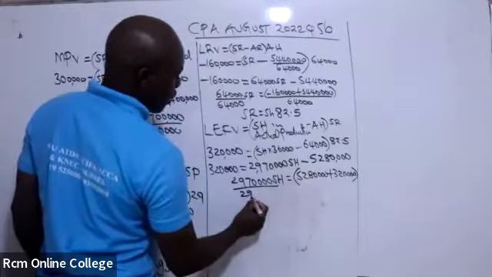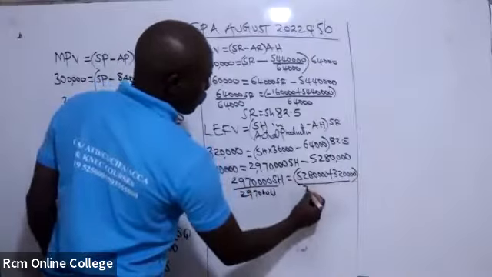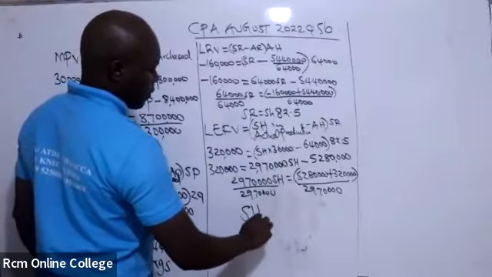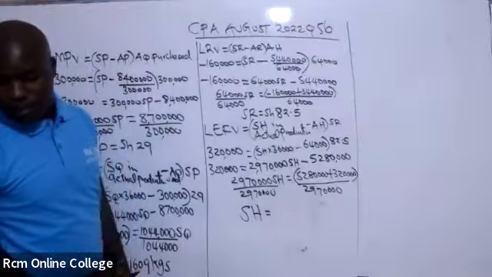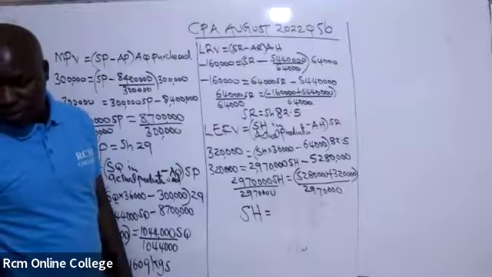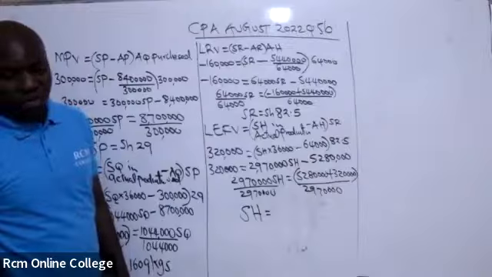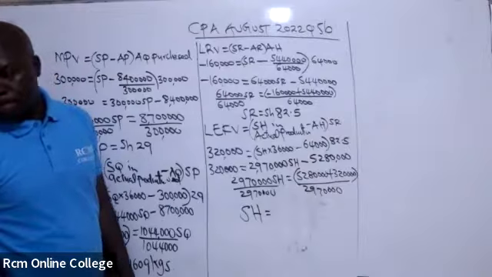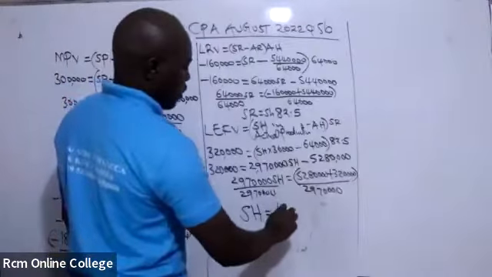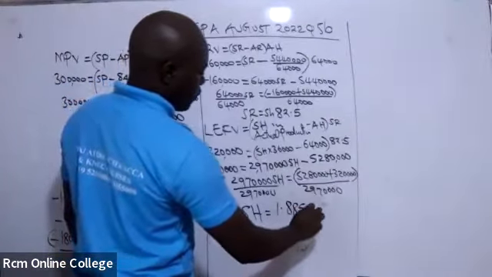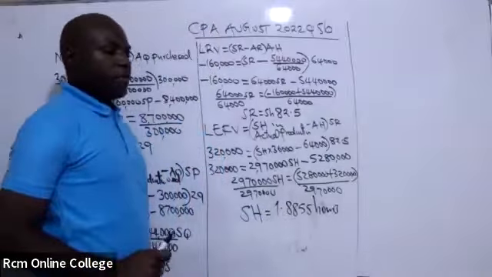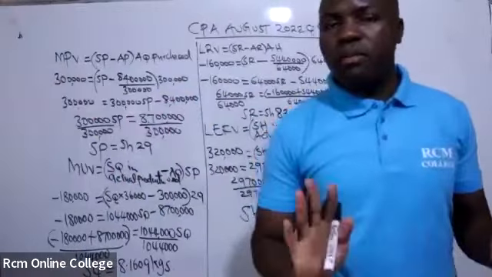So we divide this side by 2,970,000, and we'll be able to get the standard labor hours, which is 1.885 hours. Perfect. That is it. For labor, we are done.